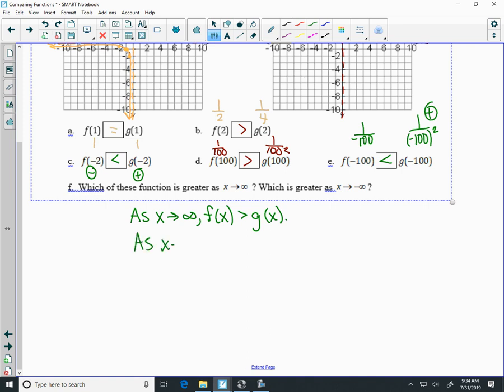As x approaches negative infinity, g of x is going to be greater than f of x, because there g of x is positive and f of x is negative. If you're tackling these and you have any questions, please let me know.